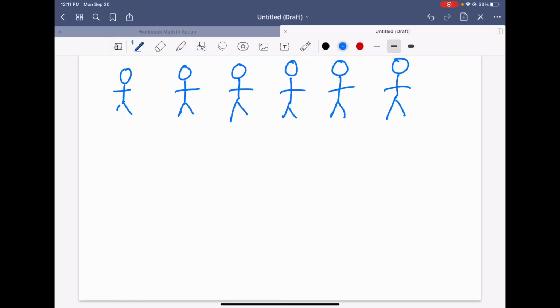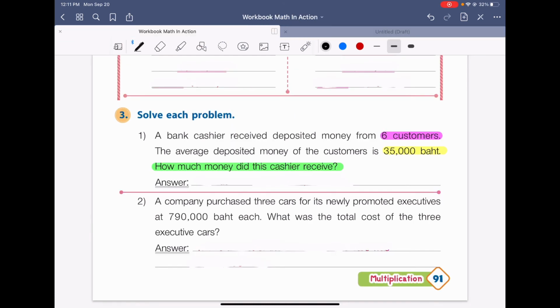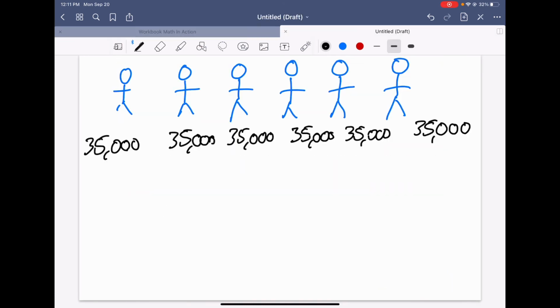So each one gave about 35,000 baht, right? 35,000, 35,000, 35,000, 35,000, 35,000. Right, so it says, how much money did this cashier receive? So we need to add everything together.